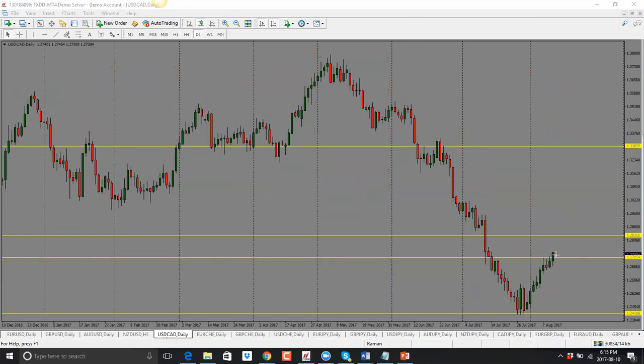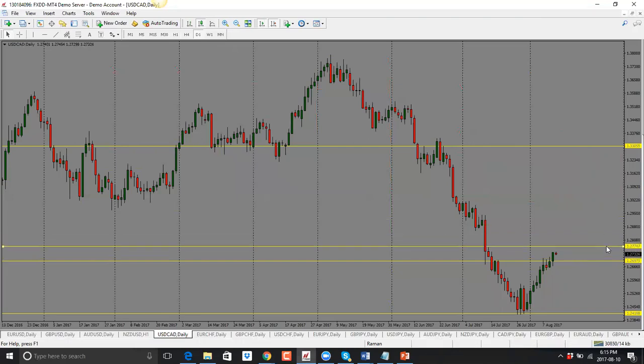However, what we may see is a pullback into 1.2715, or we may see price pull back a little deeper here into that level, which is about the 1.2700 level. So that's what we're looking for. The next target to the upside here is the 1.2780 level, which will be the top of this pin.